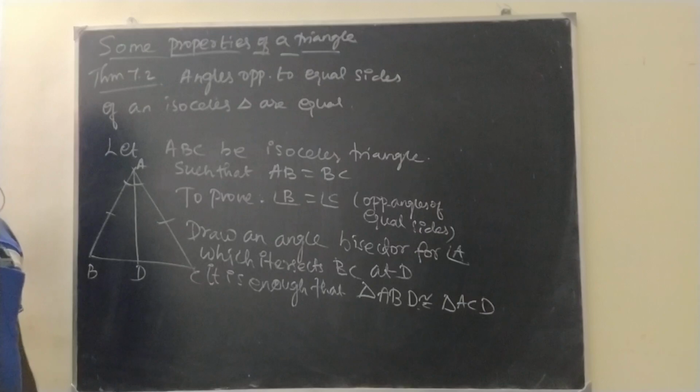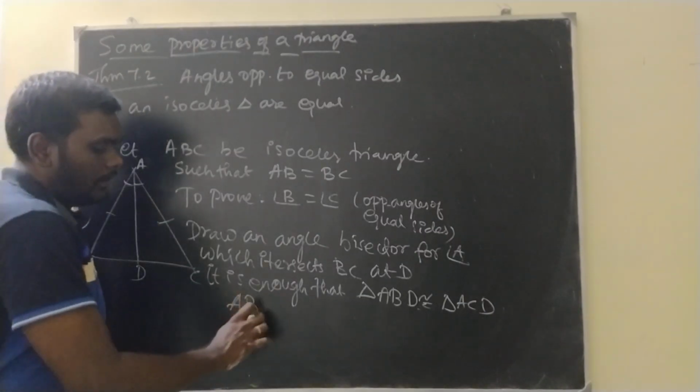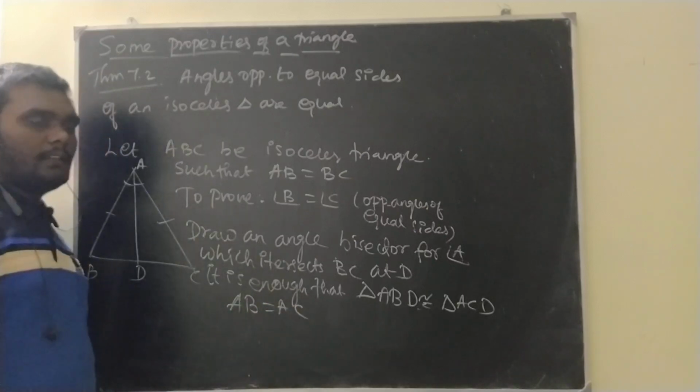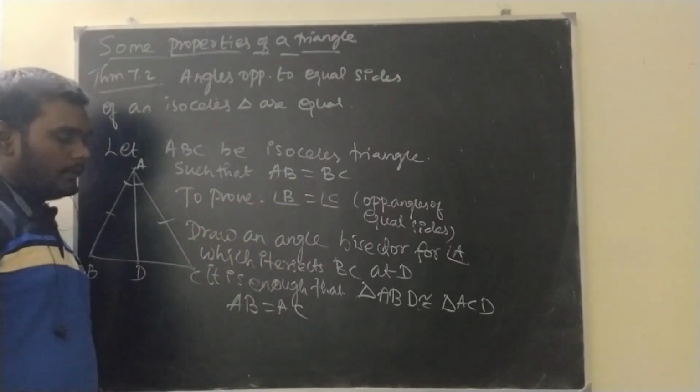Okay. How we can say these 2 triangles are congruent? First, we will list out the common things. We have AB is equal to AC. Why is it so? Because it is given.